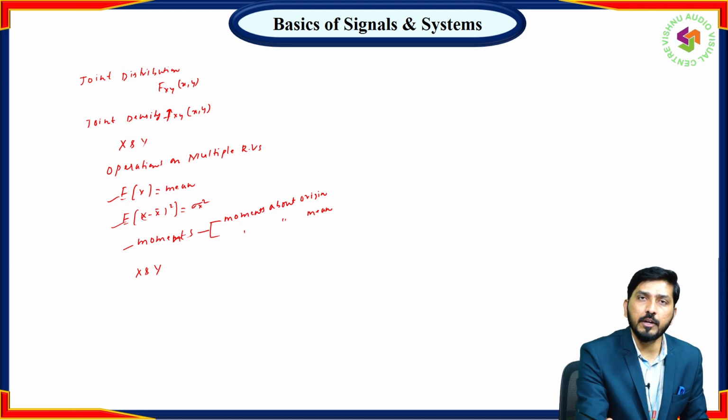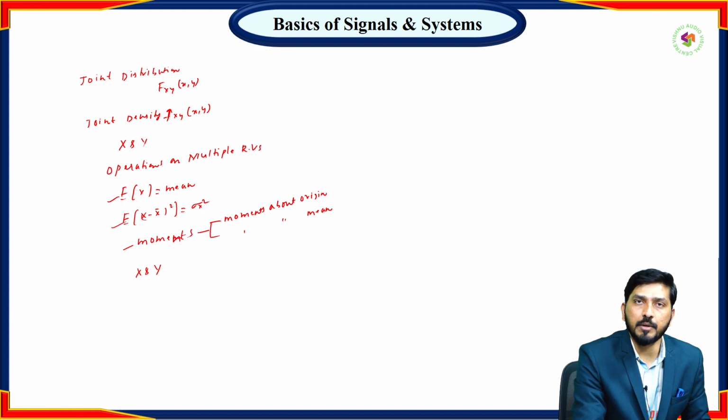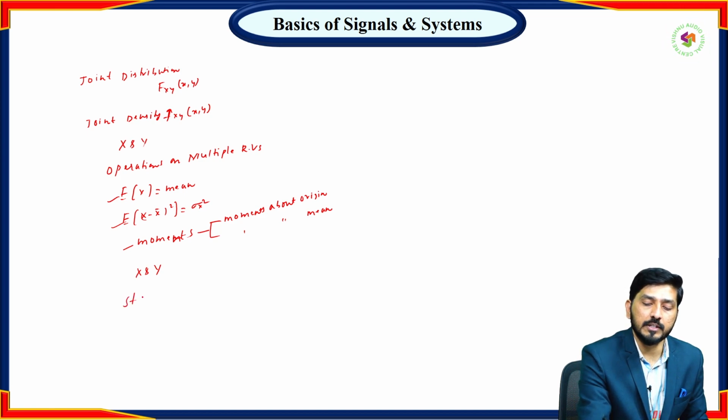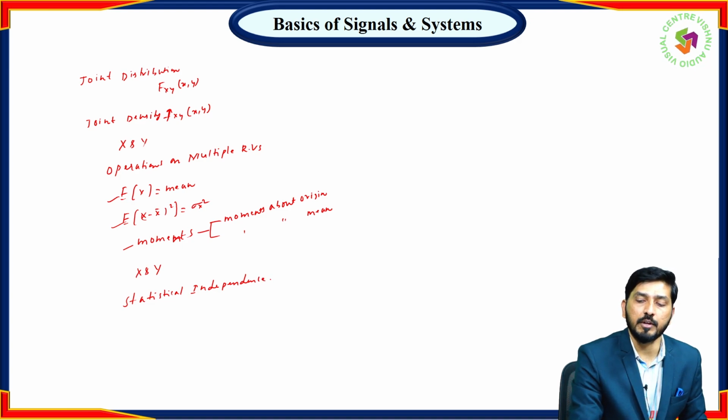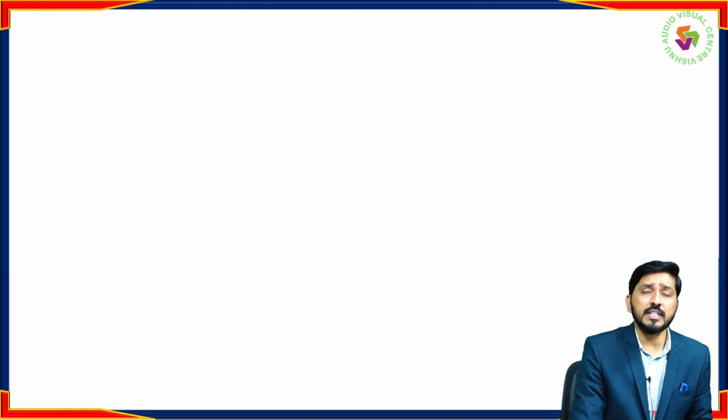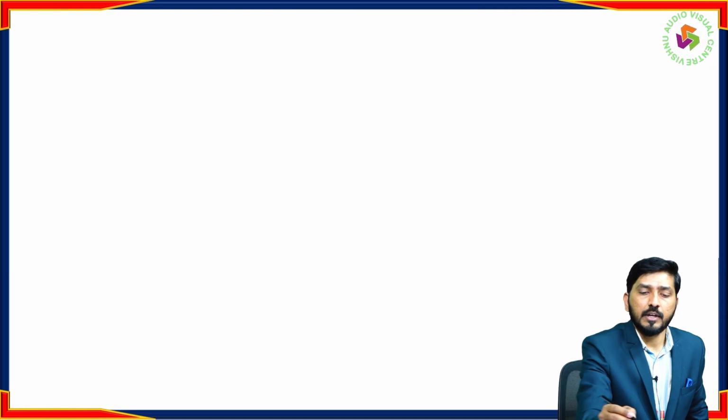Before entering into operations on multiple random variables, I would like to give a case related to joint multiple random variables, that is statistical independence of two random variables X and Y. What is this statistical independence?